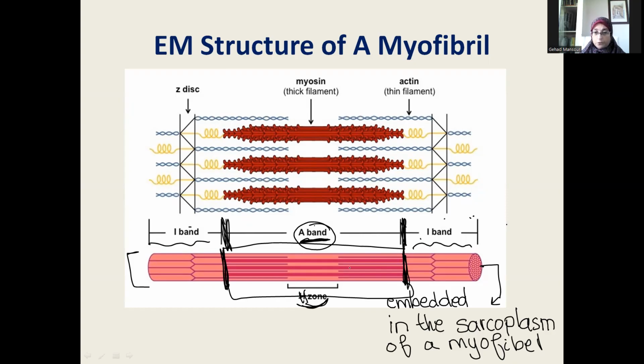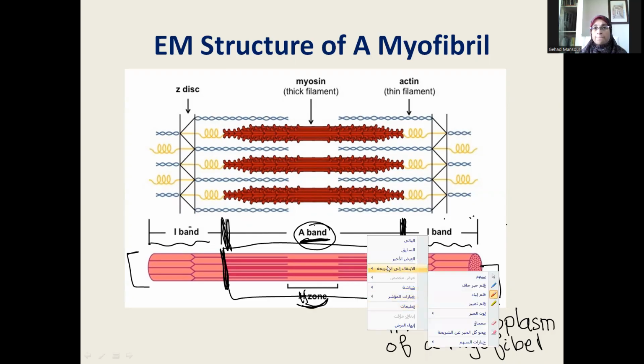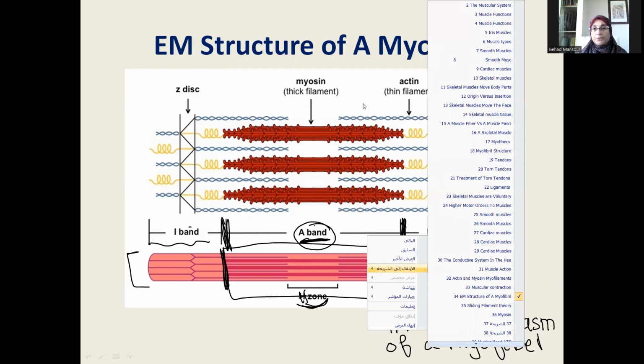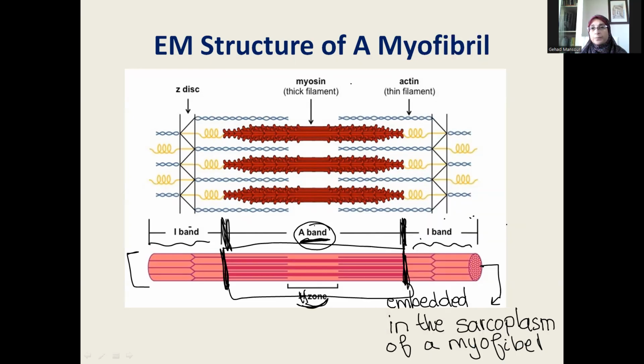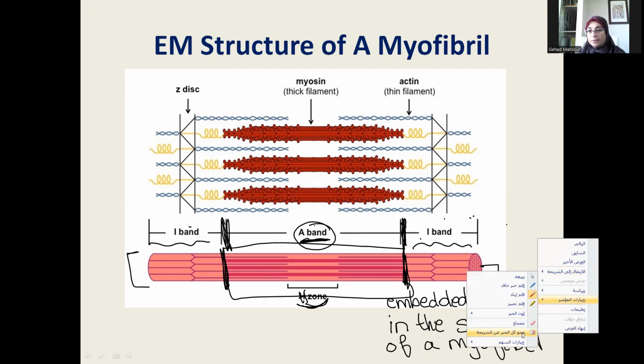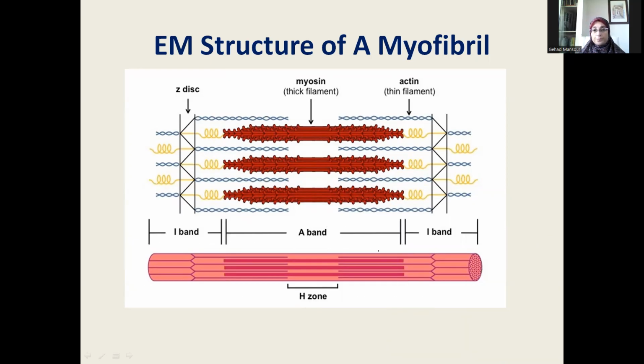If you focus more on that electron microscopic structure of the myofibril, you will find that this A band, or that dark band, consists of two types of filaments.